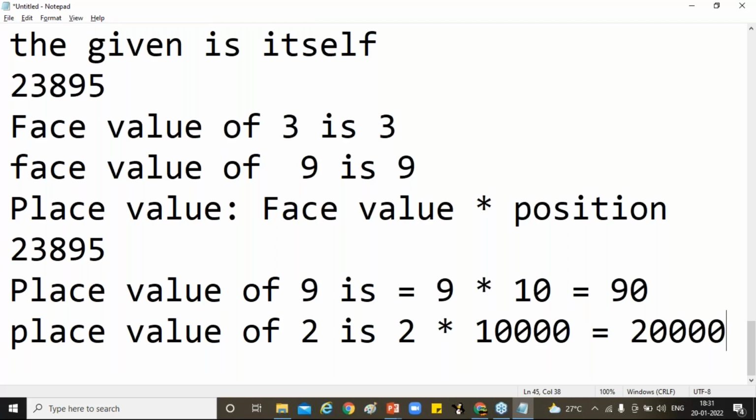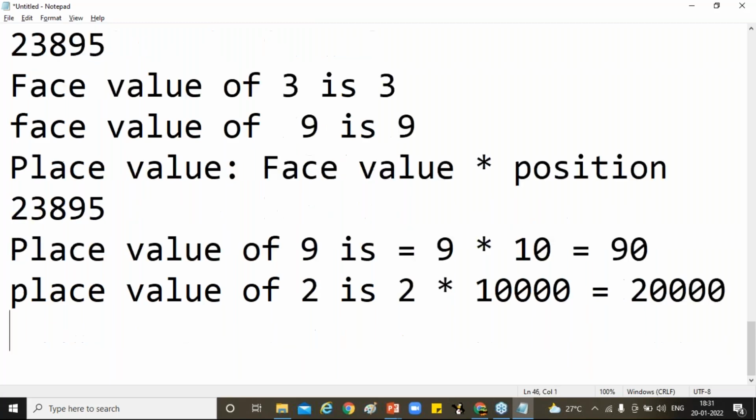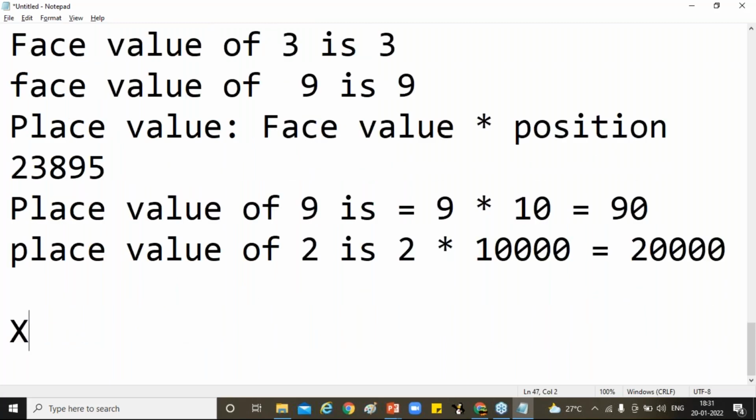But here, let us assume x is the first digit and y is the second digit. xy is the 2-digit number.